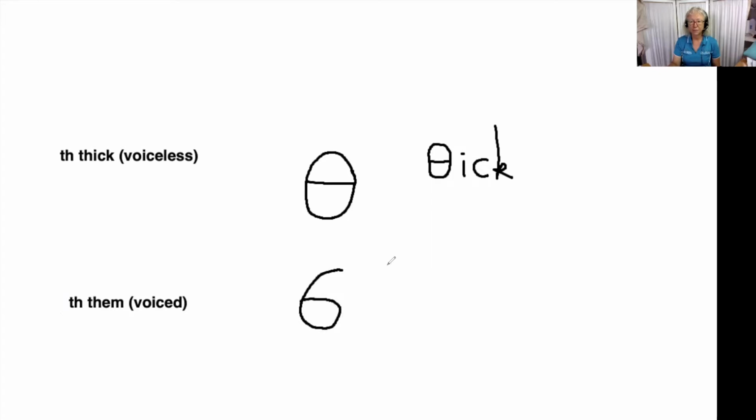Now do a mirror image of your 6. And then you put a little line through it. And that one's going to be the voiced. So now I can do this word, and I've got them. And this is important because what if you're trying to write down a word that someone said? You want to try and remember whether they used voiceless or voiced.